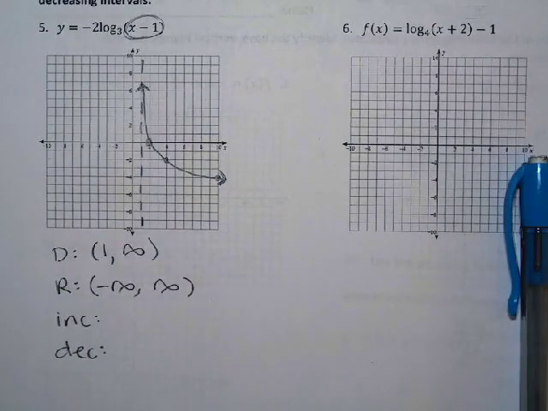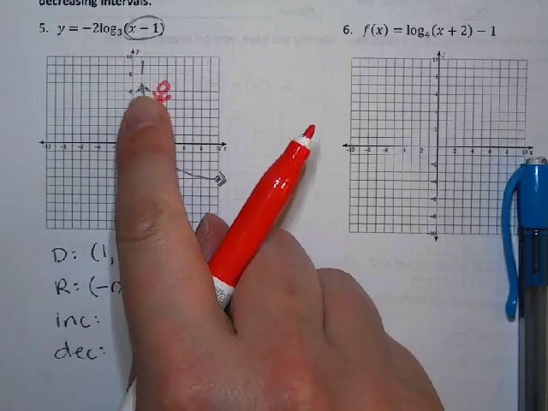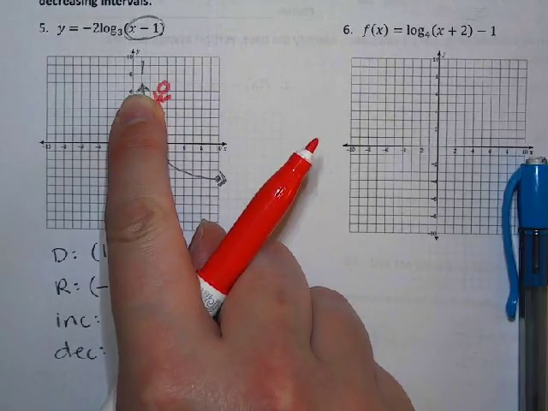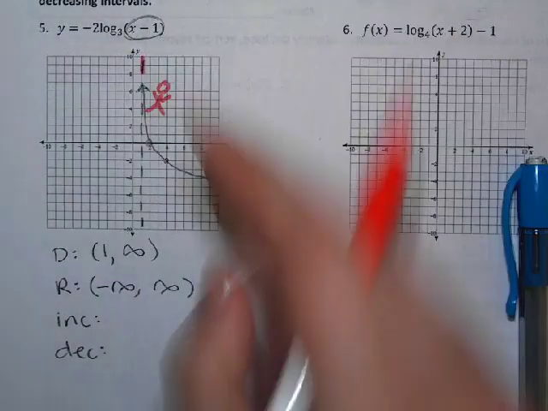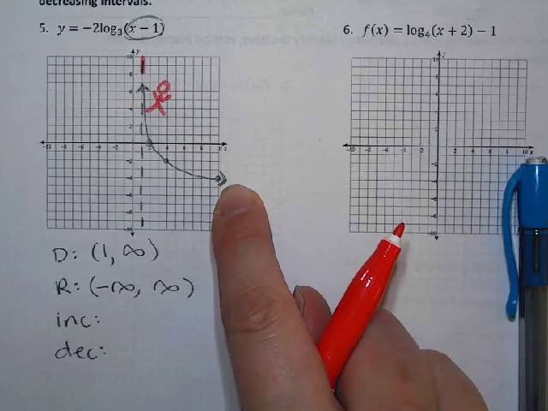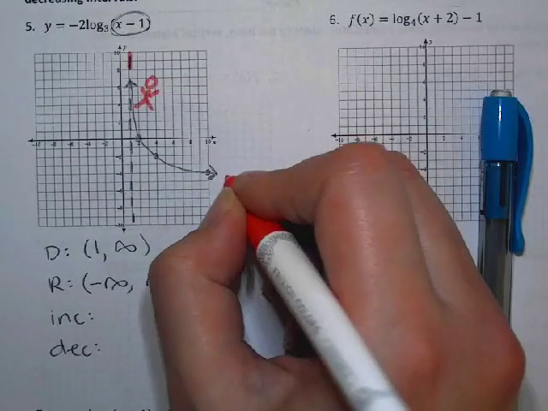And then I have my stick figure. What is the x value right here? It's 1. So it's an arrow, but the arrow is getting closer to the asymptote. So that's an x value of 1. What's the x value over here? Infinity. That's a right arrow, so that's an x value of infinity.